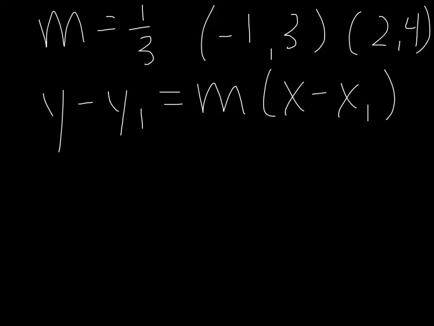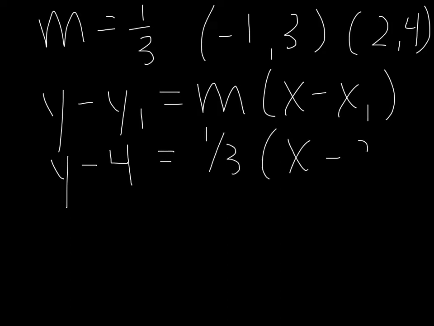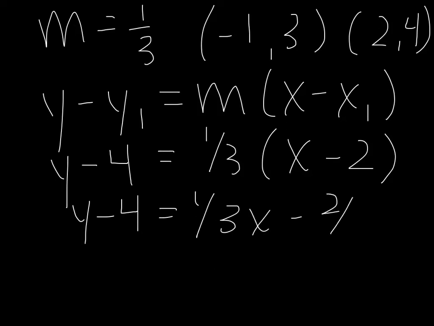I'm going to go with (2, 4). y minus 4 equals 1/3 times x minus 2. And there you are. If you want to simplify, go ahead and do so. If you were to simplify, then the form we would get to is called slope-intercept form. So here we go. y minus 4 equals 1/3 x minus 2/3.